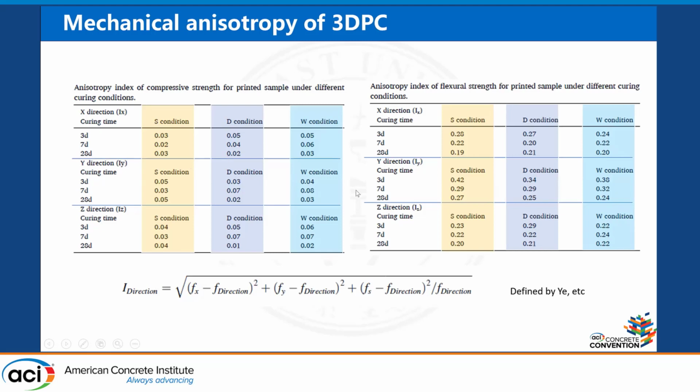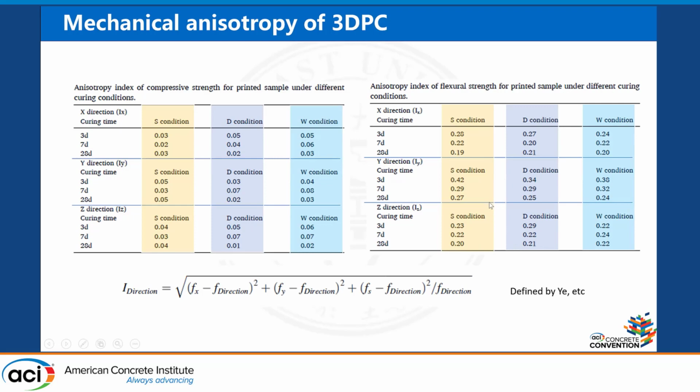This is interesting: we found that for compressive strength, the anisotropy index we calculate is very low when compared with that for flexural strength. You can see here for flexural strength, the index is very high.